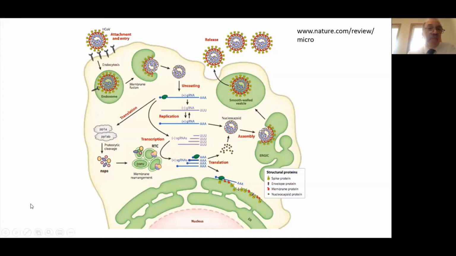The endosome then actually becomes more acidic. During that process, it allows the endosome membrane to merge with the viral membrane, uncoating. We call it uncoating, which basically means it unleashes the RNA genome of the virus into the cell cytoplasm, which is an important event.